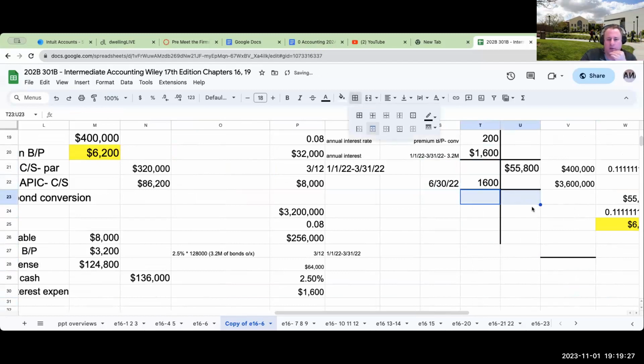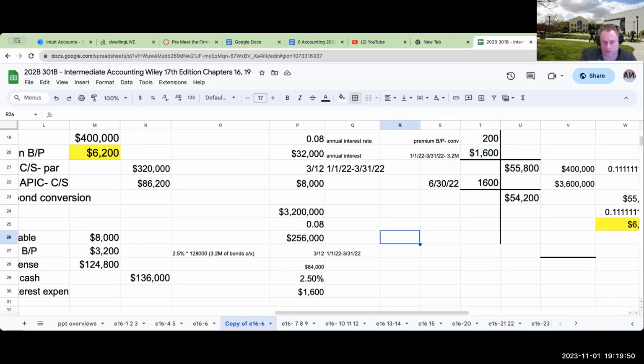Now, by the way, this is in two parts. The 3,200, half is coming from before, half is coming from this part over here. So my new amount of unamortized premium is going to be 54,200.